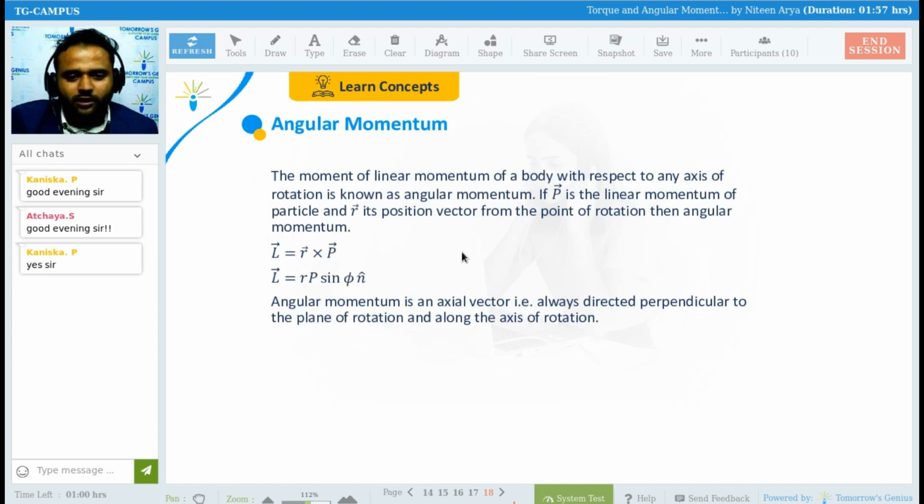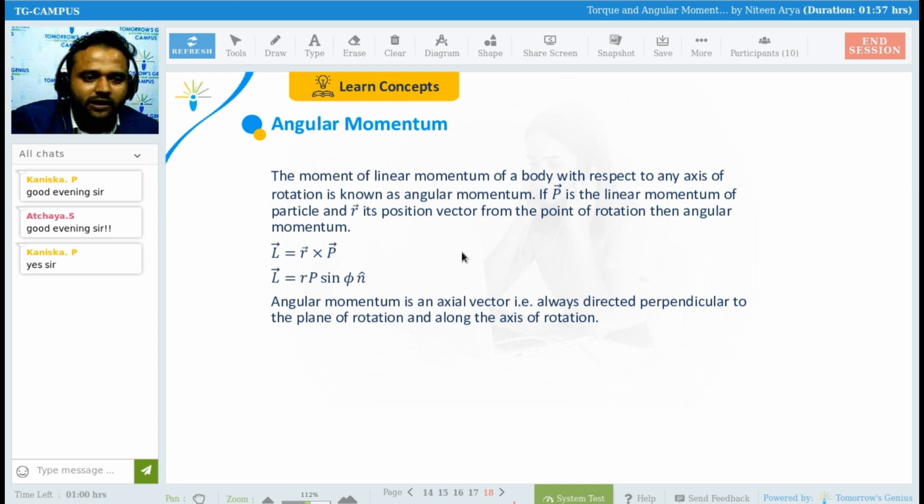Okay. So this is your angular momentum. Just give me one more minute because I want to assign your homework also. I already did it. Meanwhile, you can read whatever is written over here, and angular momentum is simple, like we find the torque.